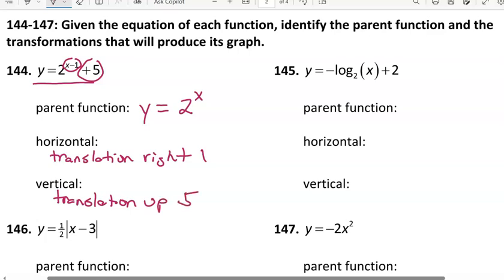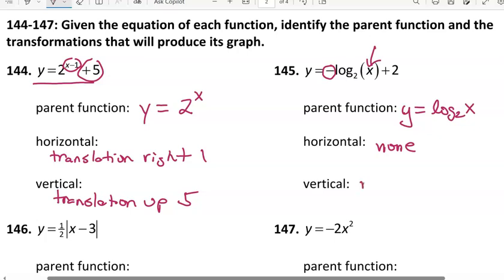In 145, we have a logarithmic function, so its parent is y equals log base 2 of x. Horizontally, I notice that x hasn't been replaced with anything in the transformed function, so there are no horizontal transformations. Outside of the function, log base 2 of x has been multiplied by negative 1.